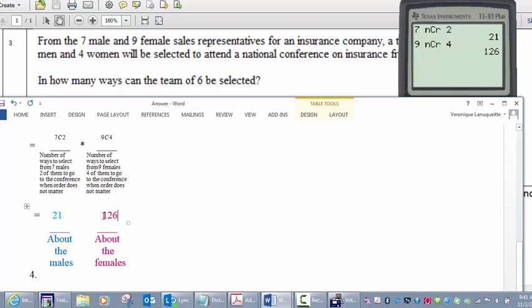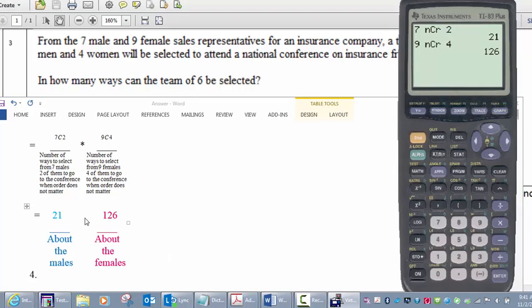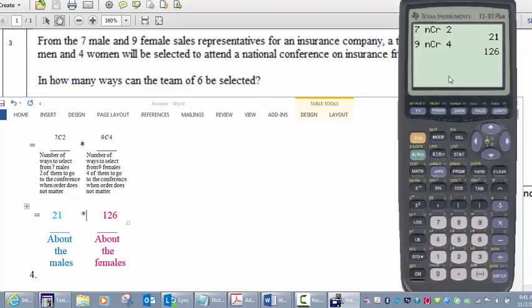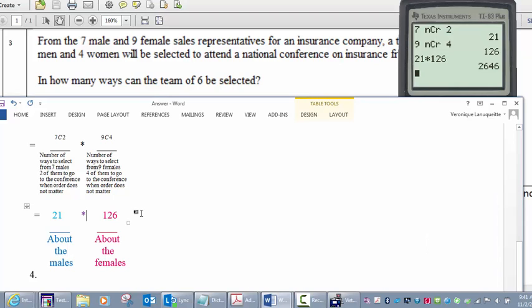Okay, and we need to multiply those two together. So I need to put a multiplication symbol here, and that's FCP that I just used to multiply the two numbers. And I do this, and then I times the two, and I get 2646 as an answer. So that's what I get for this one.